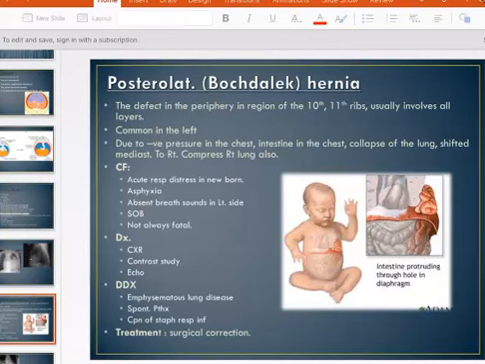Because it is associated with cardiac anomalies, and with either pulmonary agenesis or hypoplasia, these patients may need a lobectomy to remove the agenetic lobe.